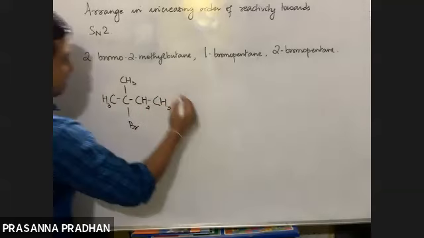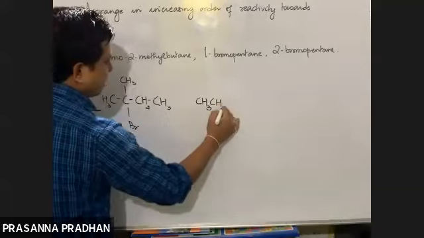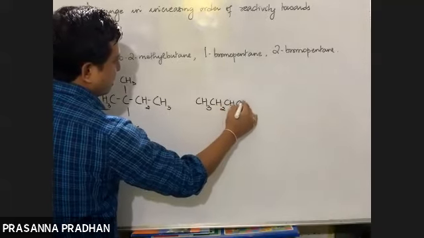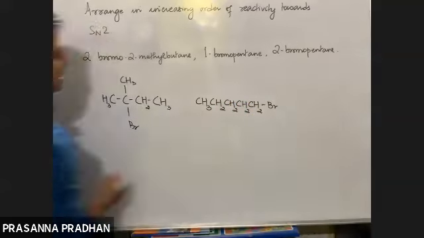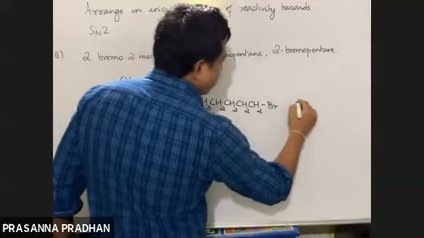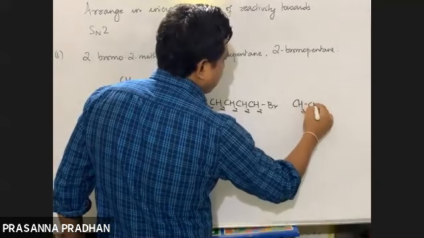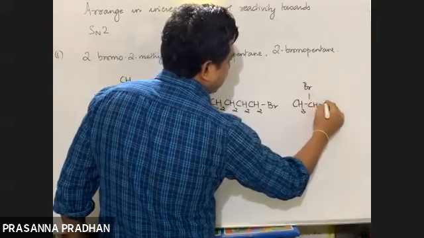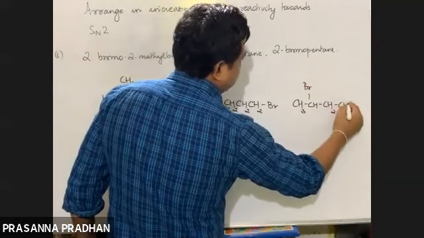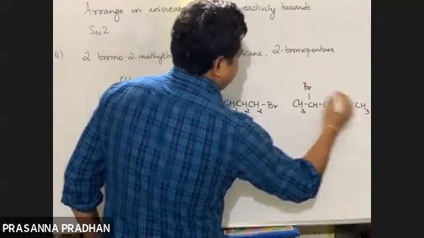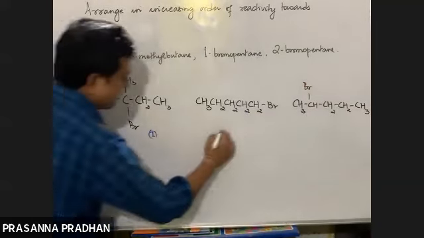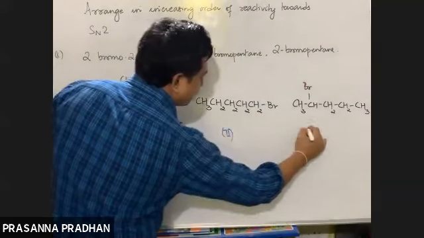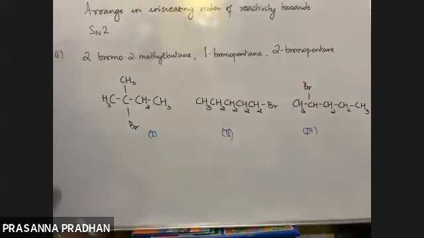So number 2 we have 1-bromopentane, and next we have 2-bromopentane. Fine. So I'll label this, it becomes easier. I'll label this 1, 2, 3. So how will you solve this question?